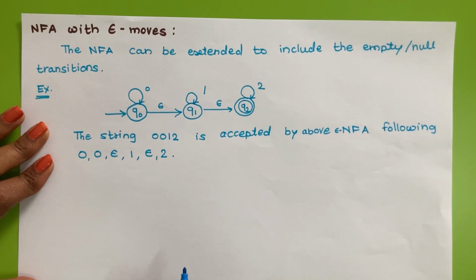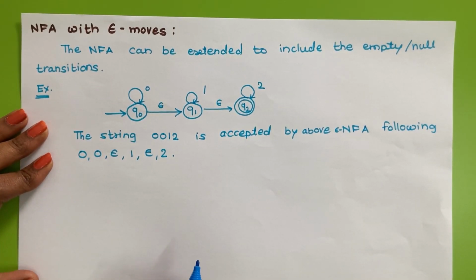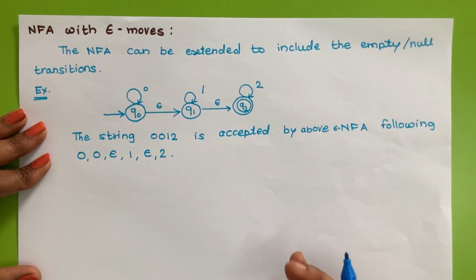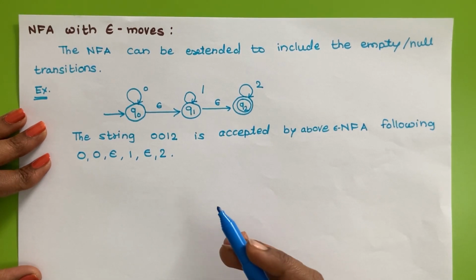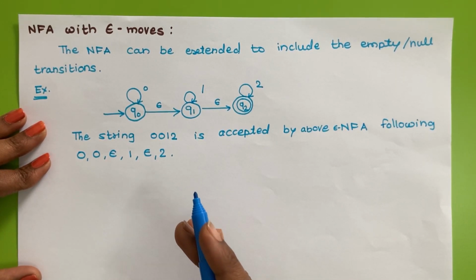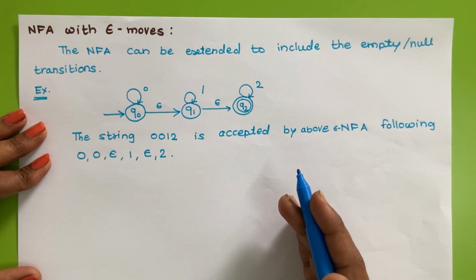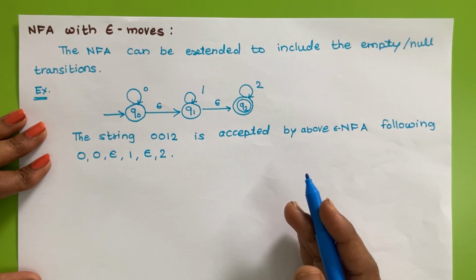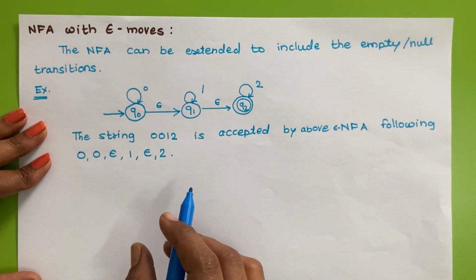Now today's topic is NFA with empty moves. Before learning what is meant by NFA with empty moves, up to this video we have seen that an NFA or any finite automata is not moving from one state to another state by following empty transitions. Means if we apply an empty transition to any state, then it will remain in the same state.